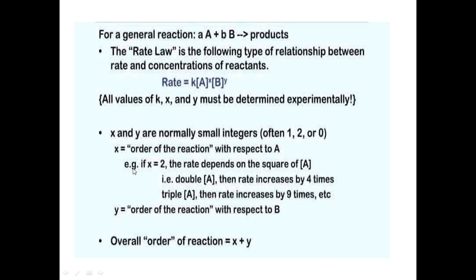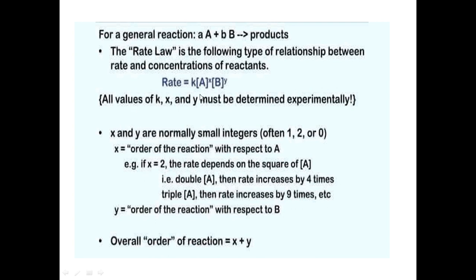So for example, if you say x is equal to 2, this parameter just defines the dependency of the rate on the reactant concentration. If x is equal to 1, then it means that the rate increases linearly with the reactant concentration.